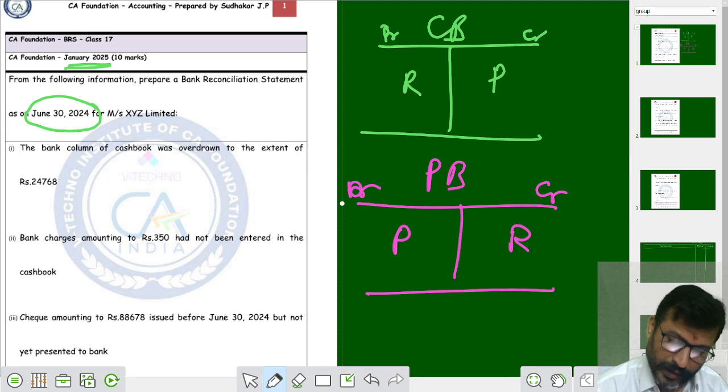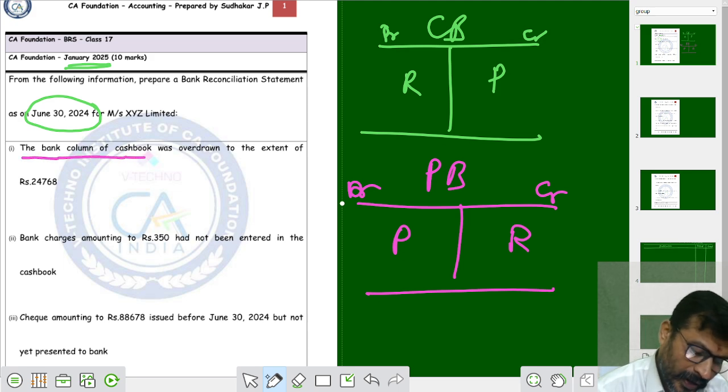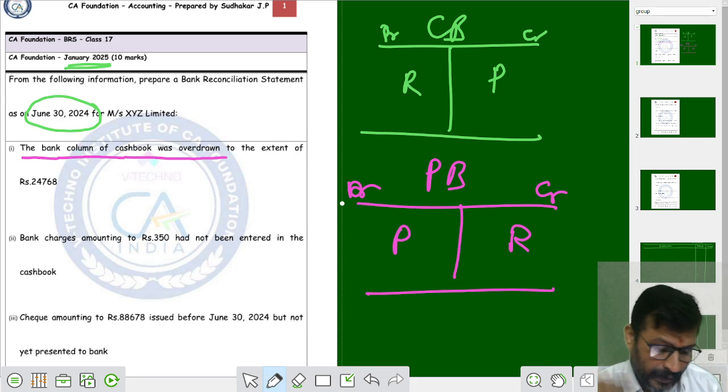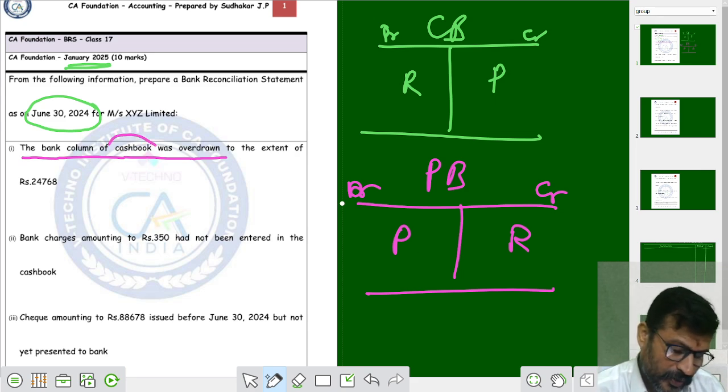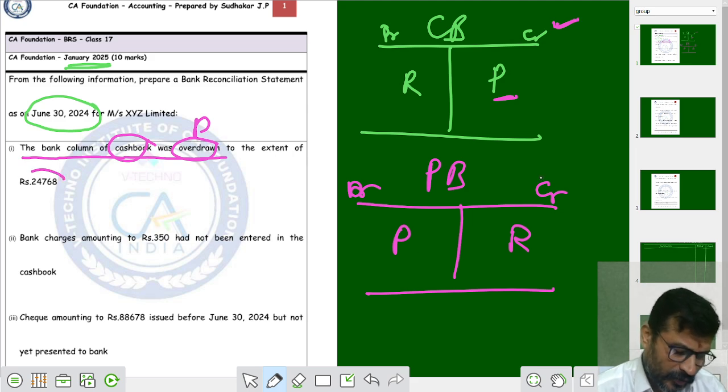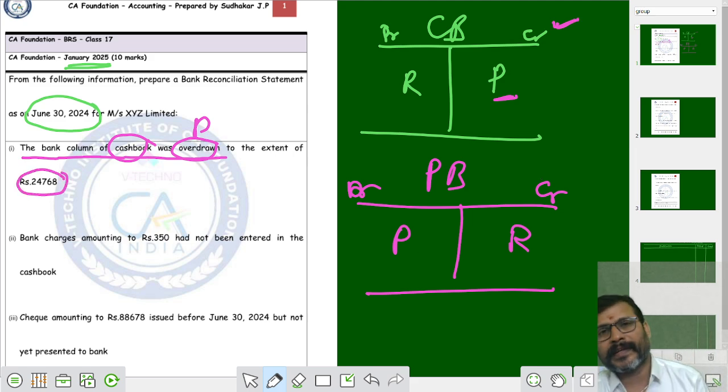The bank column, what is it telling? The bank column of the cash book was overdrawn. In the bank column of which book? Cash book. Overdrawn means what? Payment. So in the cash book there is an overdraft, which means a credit balance to the extent of 24,768.